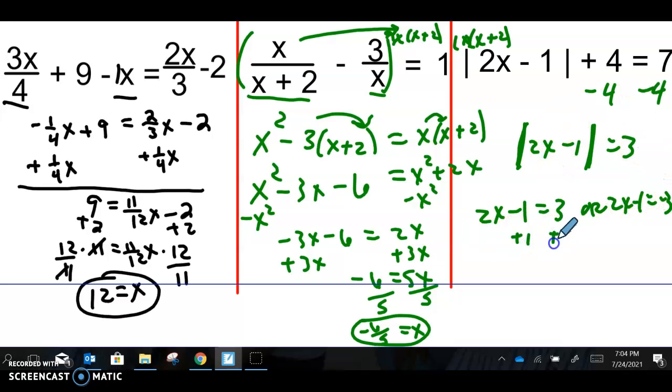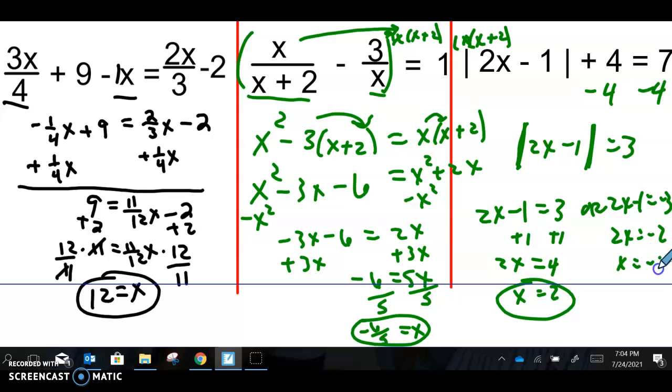So you have to solve those two little equations. 2x equals 4, so x equals 2. On this side, I add 1 and get 2x equals negative 2. x equals negative 1.